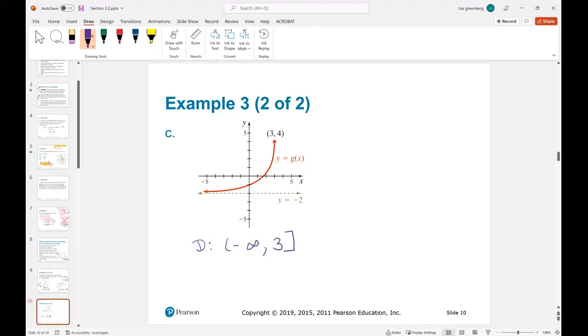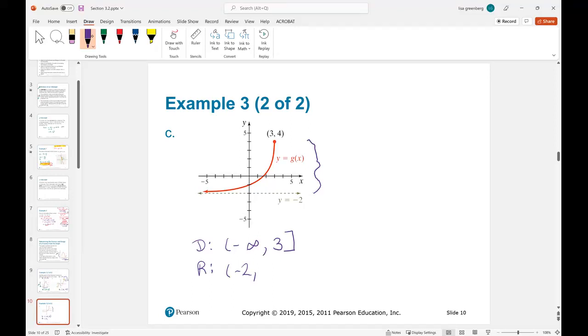And then my range, well, it's going down to -2, and it's going up. The highest value is 4. So it's never going to reach -2, which is a property of an asymptote, which of course you don't know yet because I haven't taught it to you unless you know from prior knowledge.